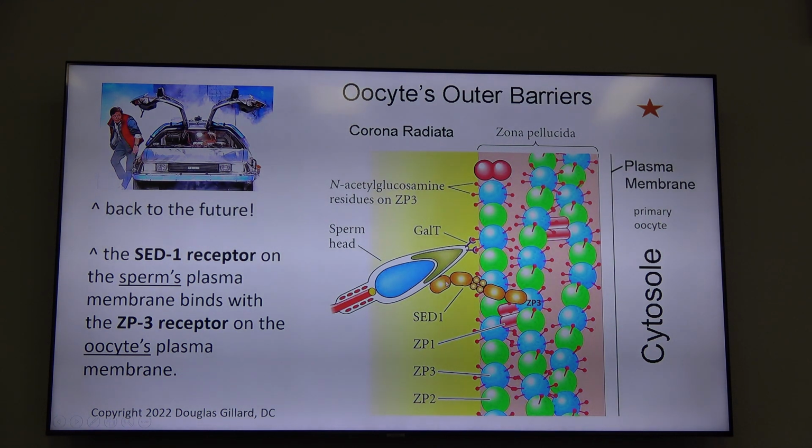And the sperm has a weird looking receptor, kind of looks like a bacteria almost. That's called SED1. So I can promise you that I'm going to test you on SED1 and ZP3. So make sure you know those two things, and that could be on boards as well. All right, and we'll get into that. There's a GAL-T, kind of a secondary docking station, but the SED1 is the one you want to know.